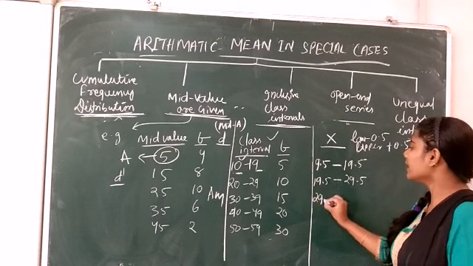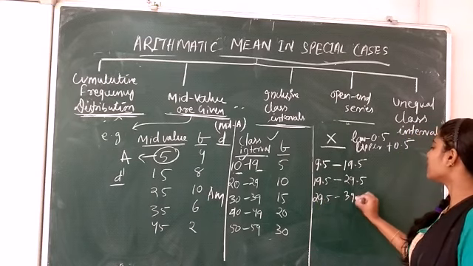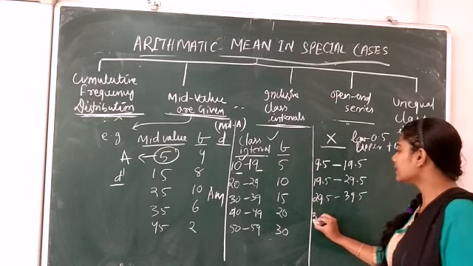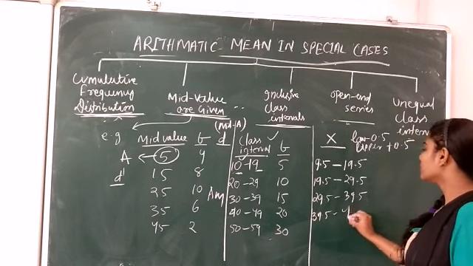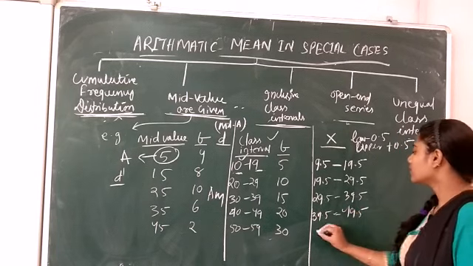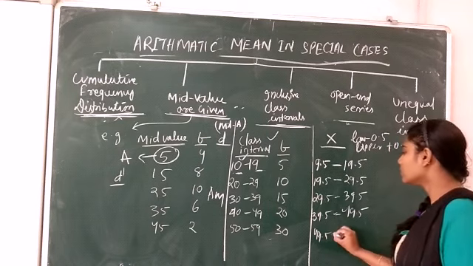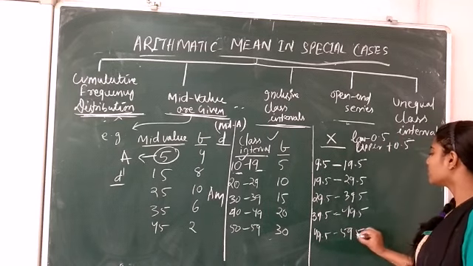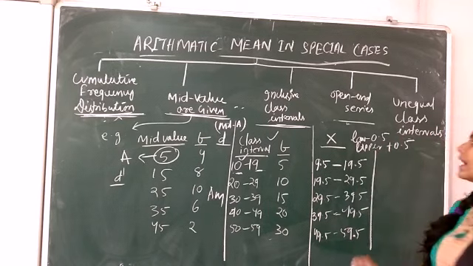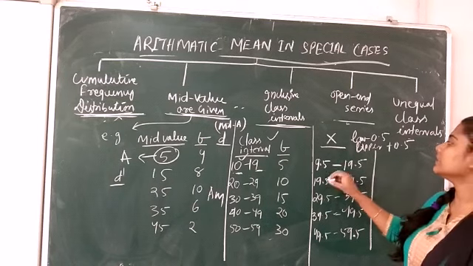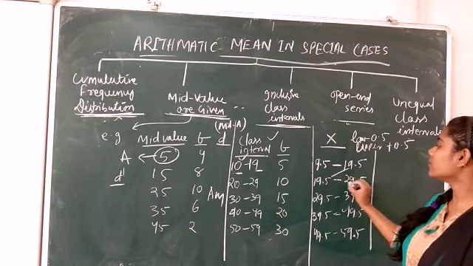Then 29.5 to 39.5. Then 39.5 to 49.5. Then 49.5 to 59.5. So this is the class intervals and this is in the continuous form.